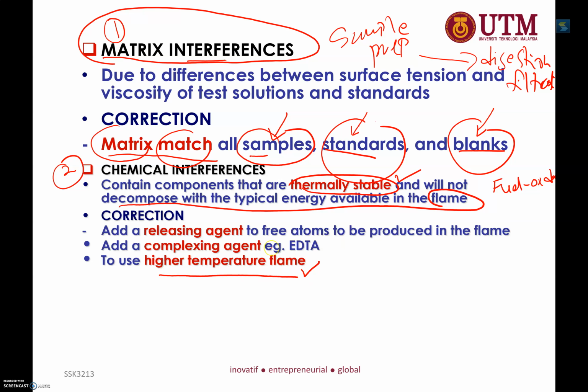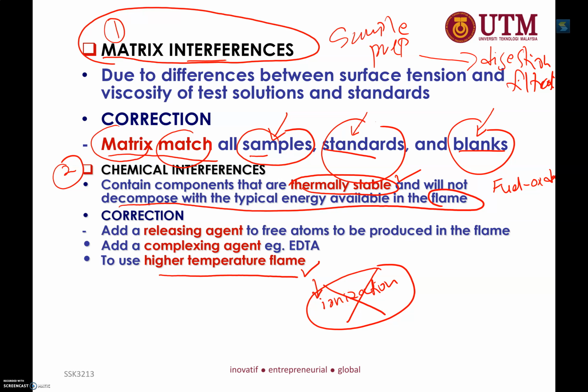But when the flame temperature is very high, sometimes it creates another problem, what we call ionization. Remember we don't want ionization, because the atoms available to absorb the radiation will be fewer. The fastest solution is to use a higher temperature flame with some precaution not to initiate ionization.